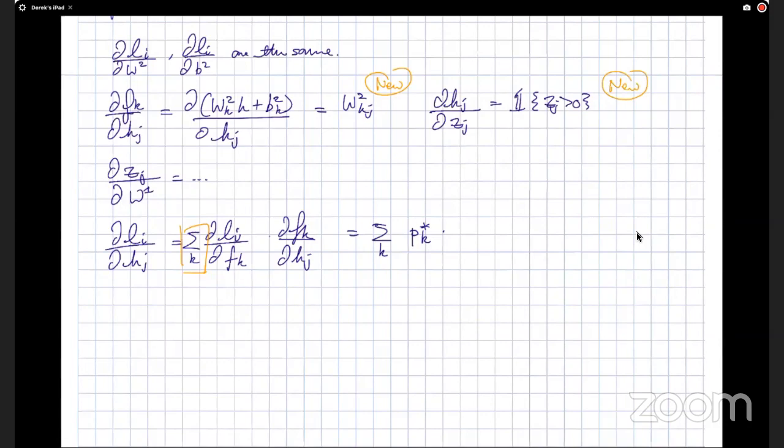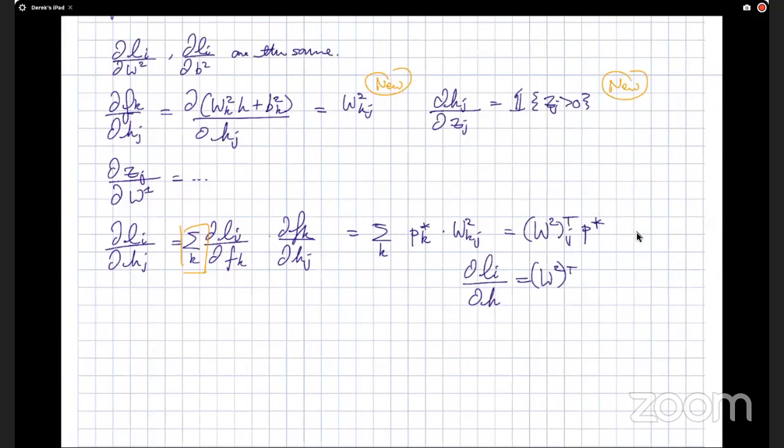So really what this is, is W2 transpose j times p star. Or another way to say this is dLi over dh is W2 transpose p star.